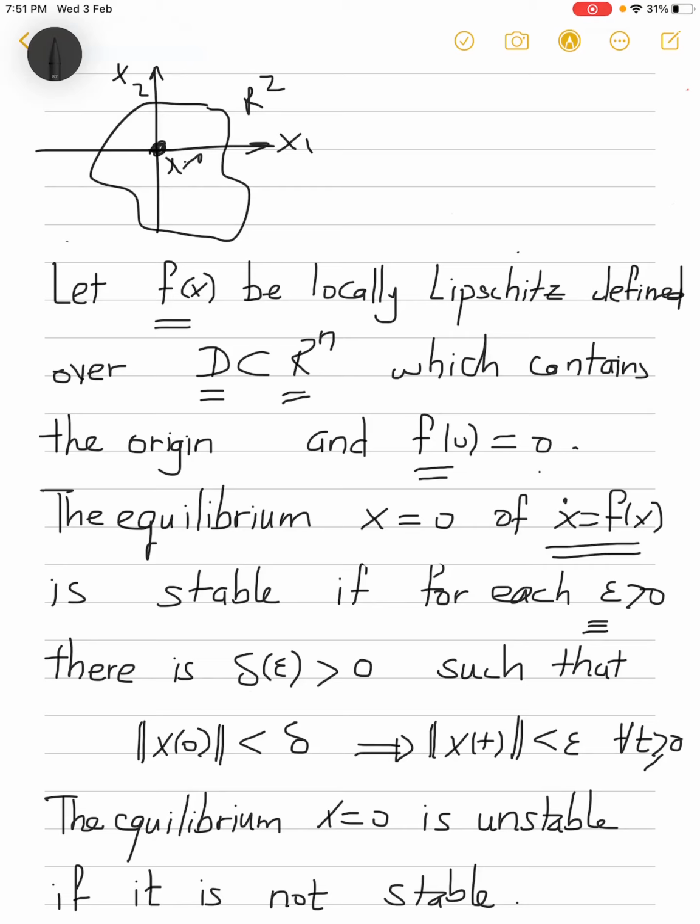So for this region, we can find a corresponding ball contained within that region, of radius delta, and that delta could be a function dependent on our choice of epsilon. For that case, if the initial condition starts within the ball of radius delta, the trajectory of the system in the future time will remain inside the ball of radius epsilon.